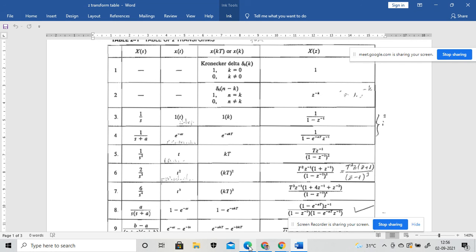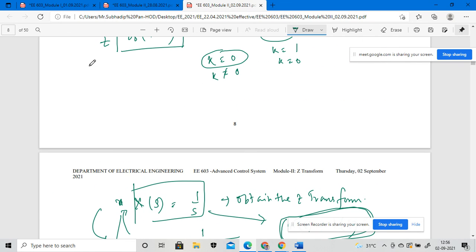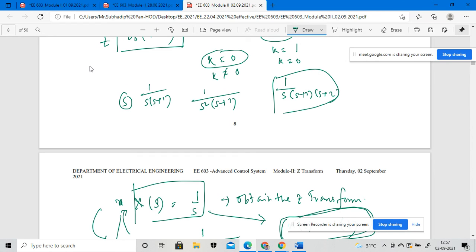Okay, so always keep in mind that in the Laplace domain, when we have to find the function like 1 divided by s of s plus 1, 1 divided by s square s plus 1, 1 divided by s of s plus 1 s plus 2, this type of function should be considered in the s plane, right?